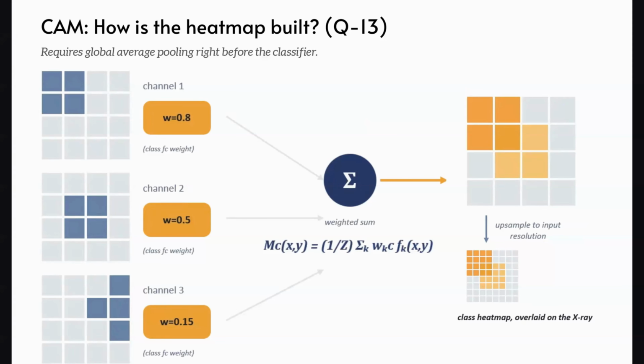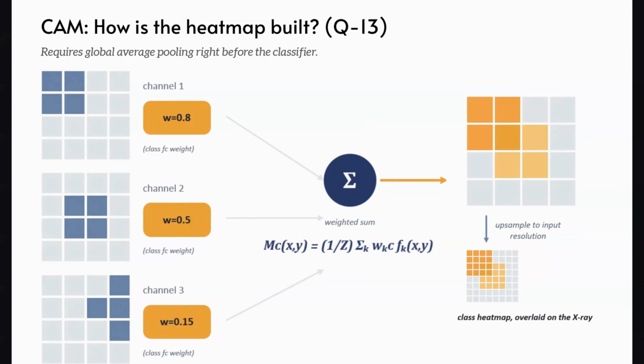Clear? Essentially, if we had fully connected layers between, or after this gap, this would cause us to lose this spatial information, right? And then we cannot derive this heat map. Yes, that is the limitation of CAM: it will only work on a CNN currently because it needs a gap layer.